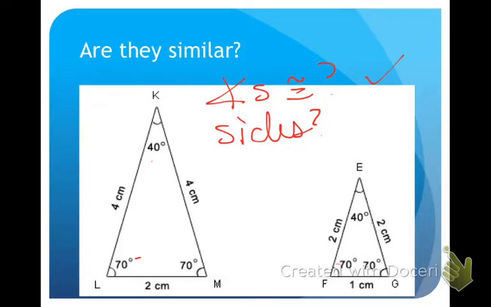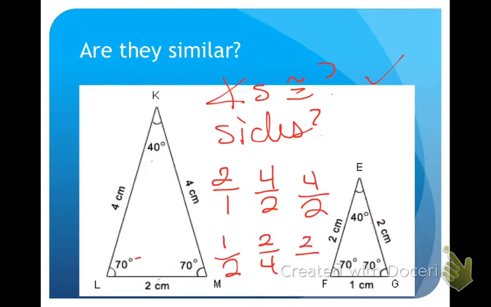Then let's look at the sides. We have the shortest sides, 2/1. So I went big triangle to small triangle. That's important. Pick an order. I could have done 1/2 if I went small triangle to big triangle, just pick. So we do 4/2 and 4/2. By the way, these two triangles are isosceles because they have a pair of congruent sides. If I wrote it the other way, it would look like this.